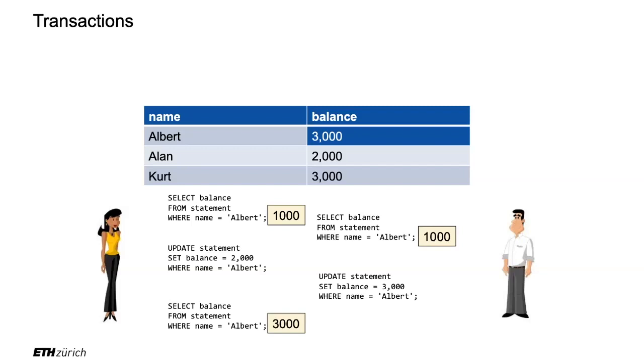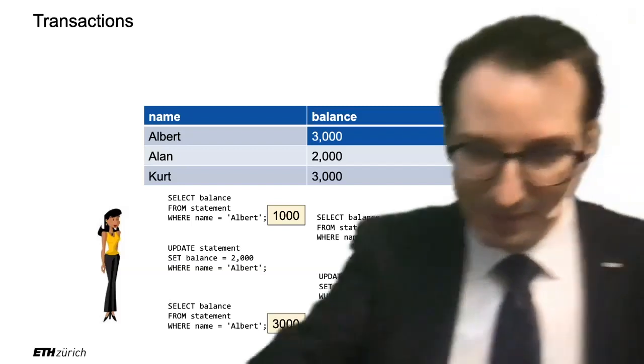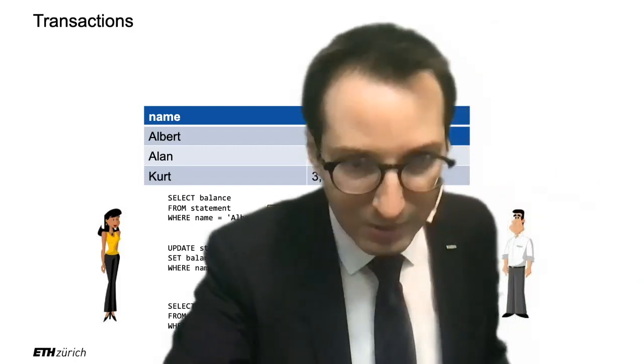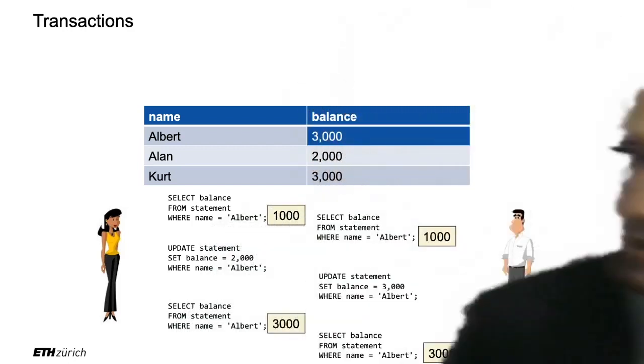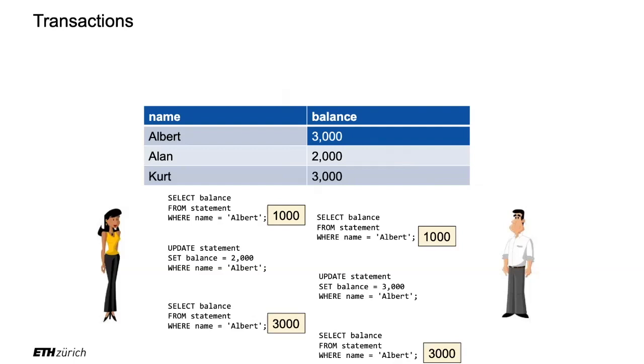But now she's surprised. She sees 3,000. That's the sort of things that happen when several people use the database, right? And now Bob, of course, is going to see 3,000 as well, right?